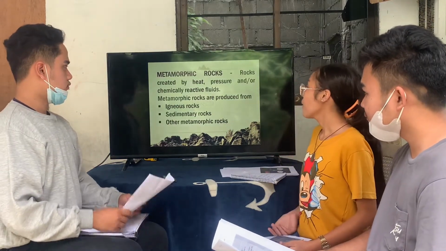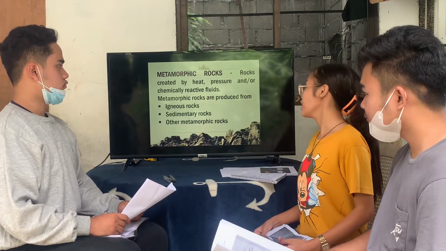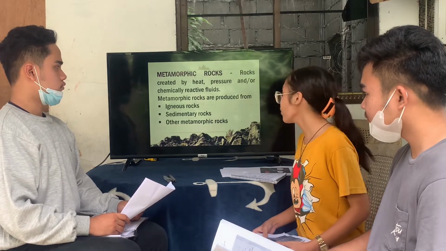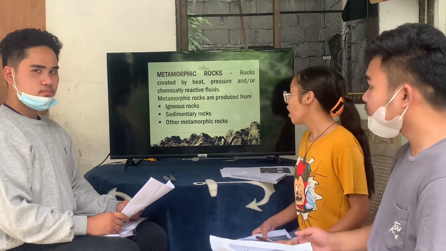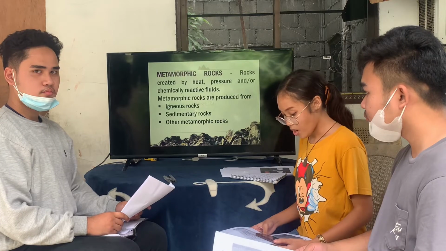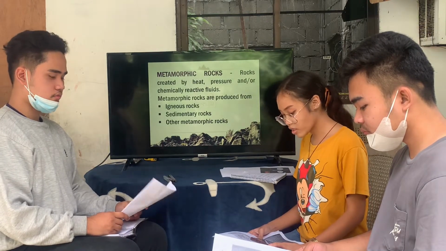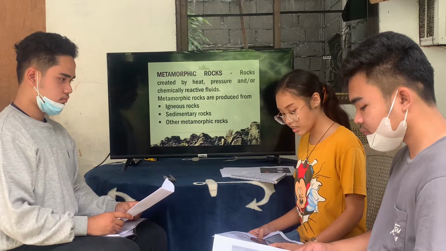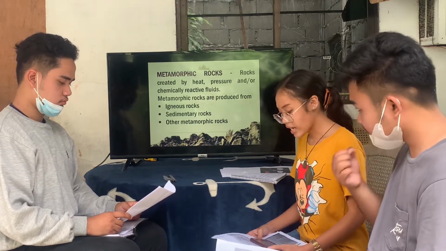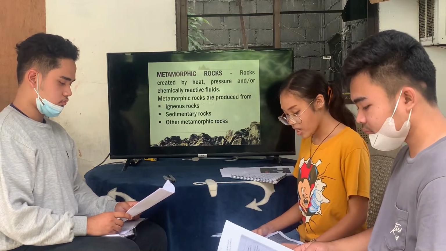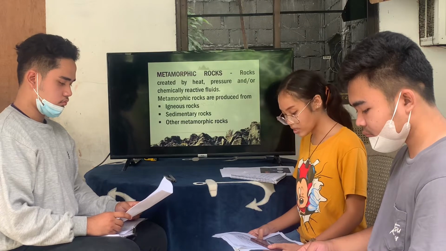Metamorphic rocks are rocks created by heat, pressure, and/or chemically reactive fluids. Metamorphic rocks are produced from igneous rocks, sedimentary rocks, or other metamorphic rocks. So metamorphic rocks are rocks created when they're exposed to intense heat, high pressure, and/or chemical fluids. Examples of metamorphic rocks: schist, slate, gneiss, marble, and quartzite.